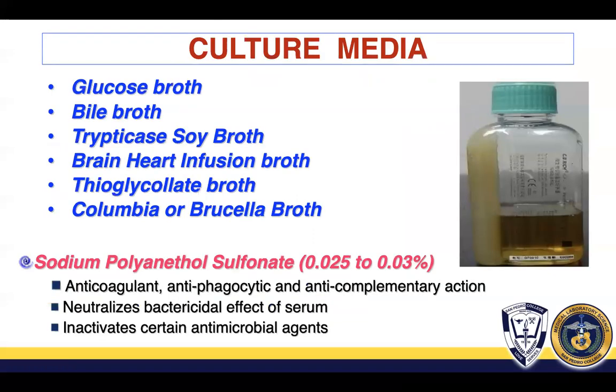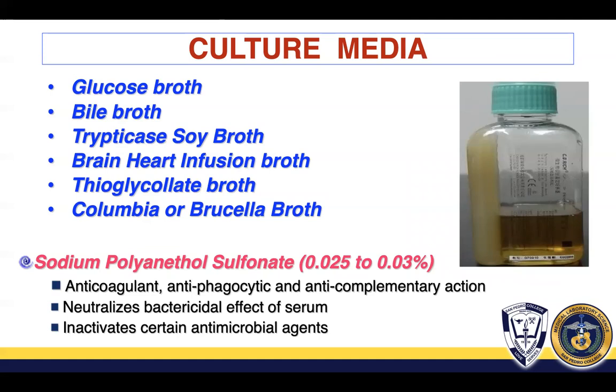Now moving on to culture media. For culture media, we have the glucose broth, the bile broth, the trypticase soy broth, brain heart infusion broth, thioglycolate broth, and the Colombia or Brucella broth. The glucose broth is ideal for endocarditis. Bile broth is ideal for samples from patients with enteric fever.